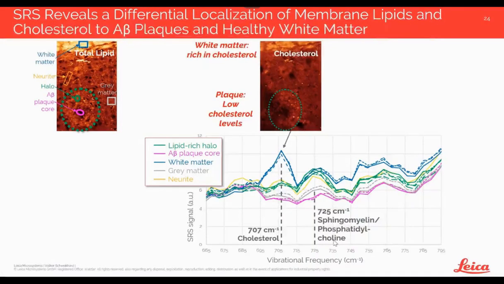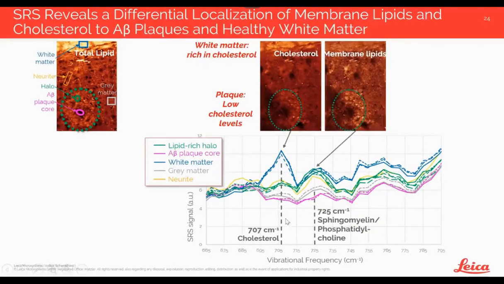Now, taking a look at the images at those two vibrations, we can see the following. At the peak of the cholesterol resonance, most of the signal is found in the top of the image, which corresponds to healthy white matter regions of the brain. Those are known to be very rich in cholesterol, which is confirmed by our high image contrast in those regions. By contrast, the pathological structures don't show a very strong accumulation of cholesterol.